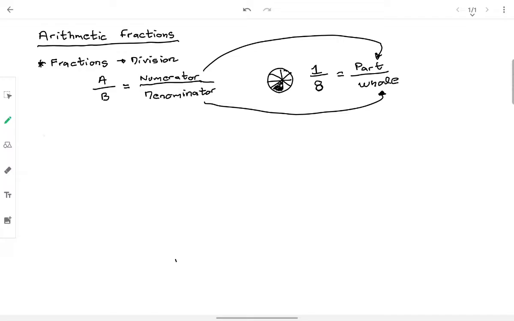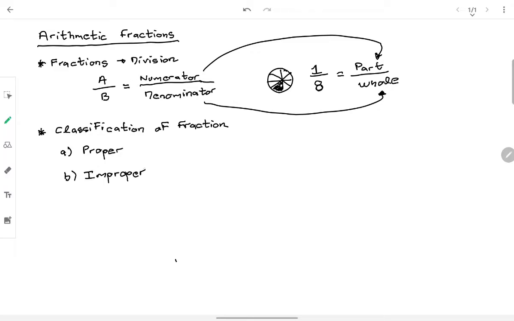Now we are going to talk about classification of fractions. First, we have two big types of fractions. Ones are called proper fractions, and the other ones are called improper fractions.